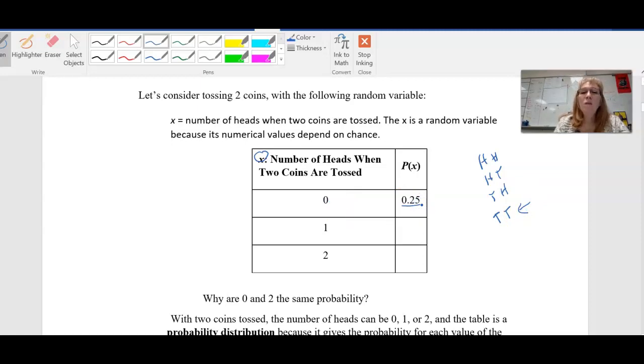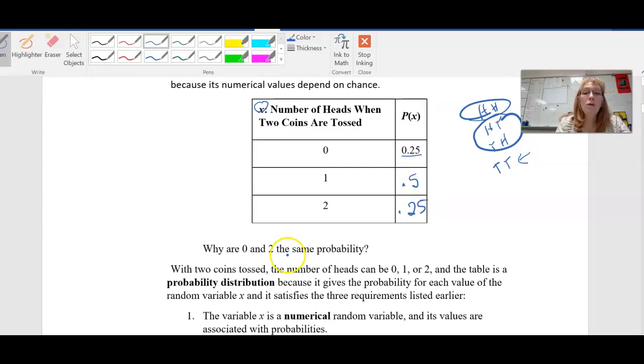Pause and do that. The probability of 1 head is 2 out of 4, or 0.5. And the probability of getting both heads is 1/4 again, 0.25. We know the probability of 0 or 2 are the same, because this is either 2 heads or 2 tails, so it should be identical.